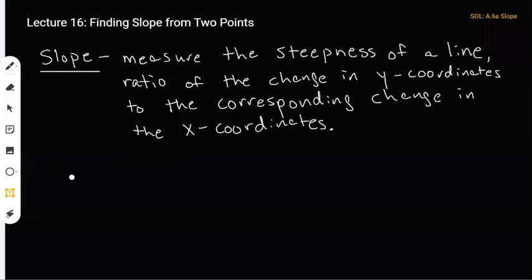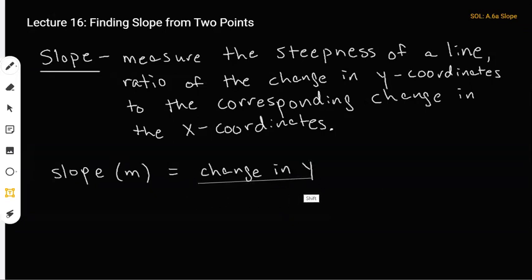So the formula for slope is going to be slope. Oftentimes we'll use the letter m, lowercase m. And that's going to be equal to the change in y. We put that on the top of the fraction. And then on the bottom of the fraction, we're going to have the change in x.